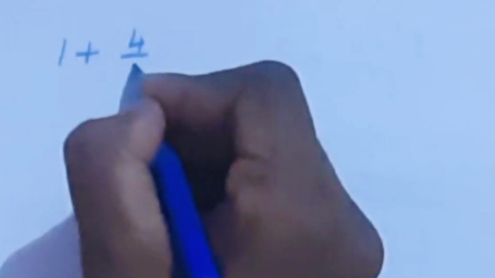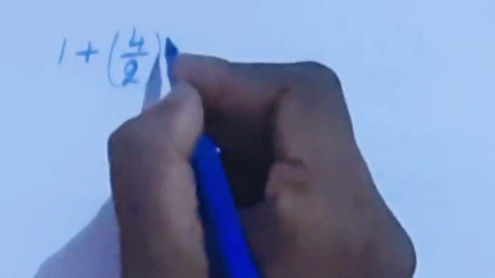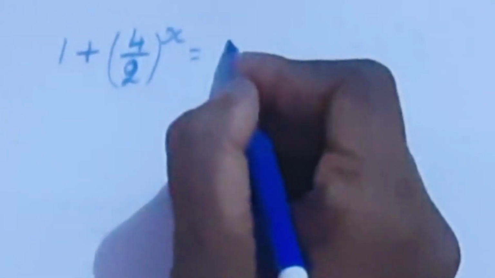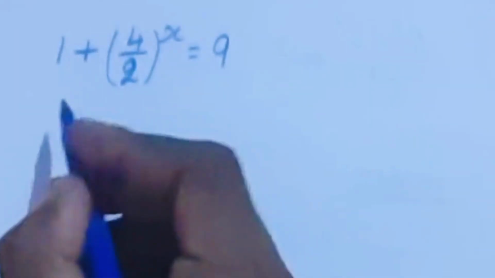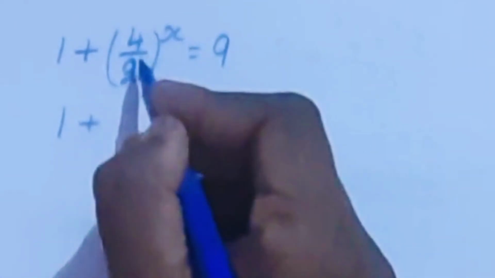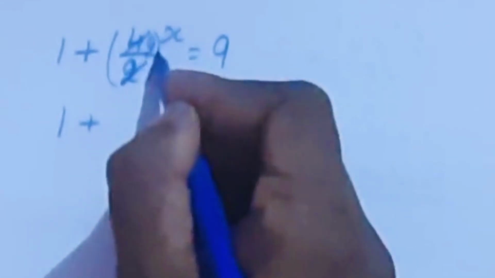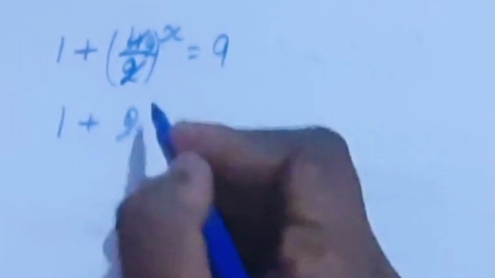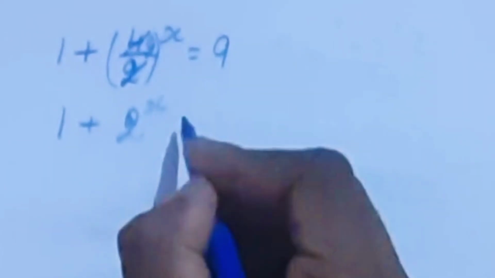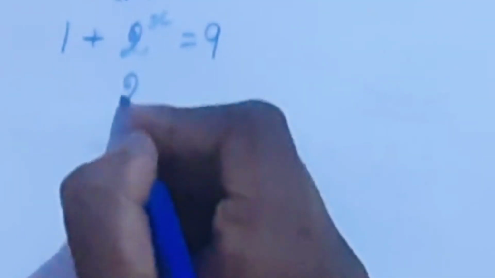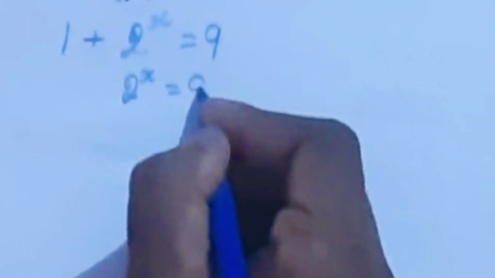So we'll get here 1 plus (4 by 2) whole power x equal to 9. Here 1 plus, when we simplify here, we'll get 2. So 2 power x equal to 9. So again we'll get here 2 power x equal to 9.